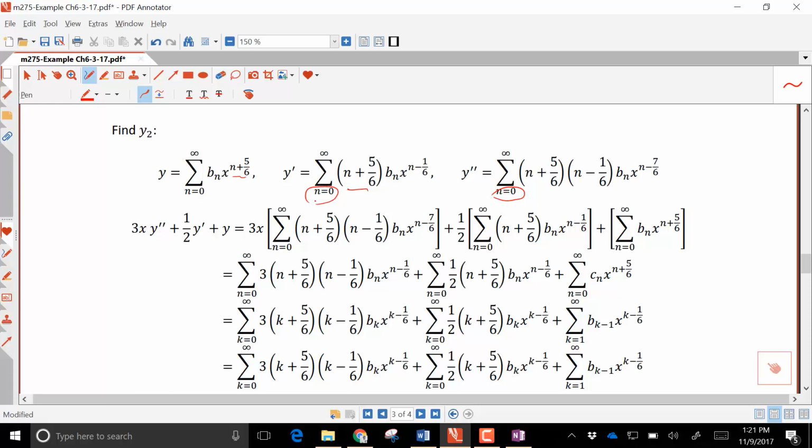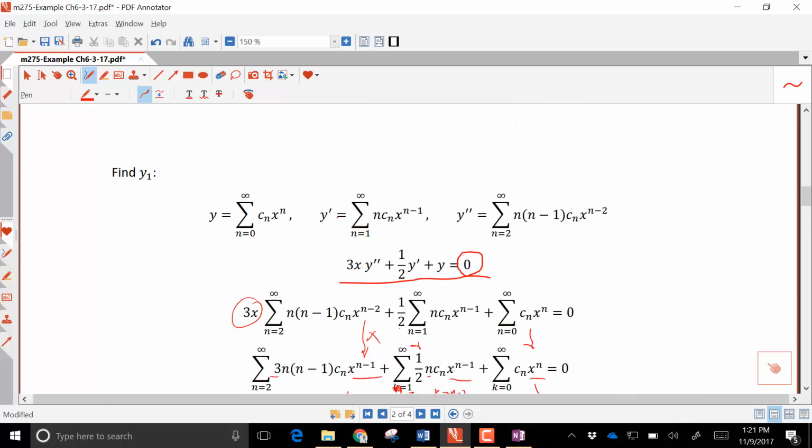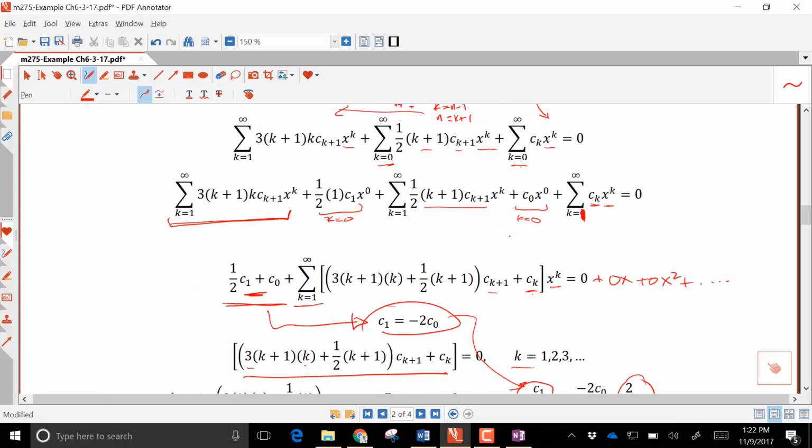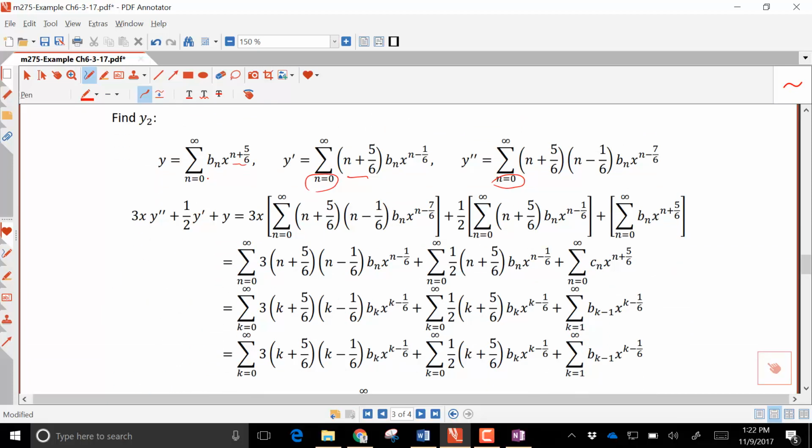I encourage you to go back to the examples that we've been doing in 6.2 and write out maybe the first 5 terms and then take the derivative once and twice, and you'll see that the indices do in fact change for the series. We did this in class last time. If you write out this series, the first few terms, and then take the derivative, you'll see that the indices will not change. It's always going to start when n is equal to 0. So that's one important thing to note.